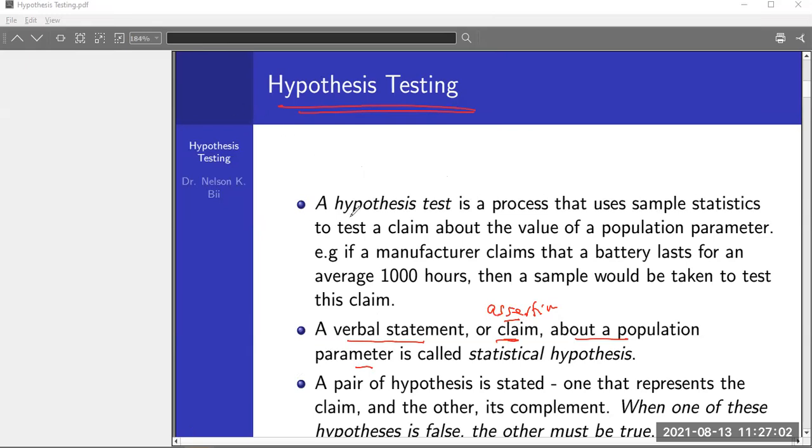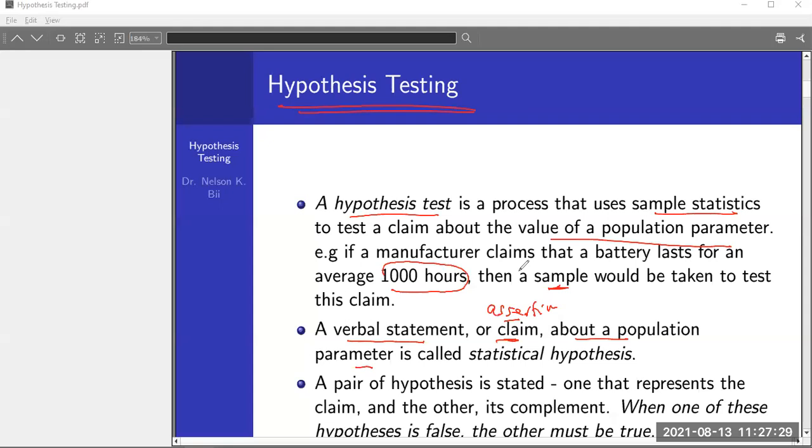A hypothesis test is a process that uses sample statistics to test a claim about the value of a population parameter. If a manufacturer claims that a battery lasts for an average of 1,000 hours, then for you to confirm whether this is true or otherwise, you take a sample. Then you can carry out the test of that claim.